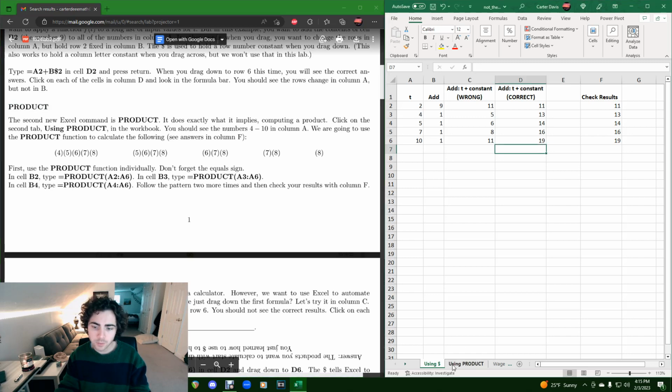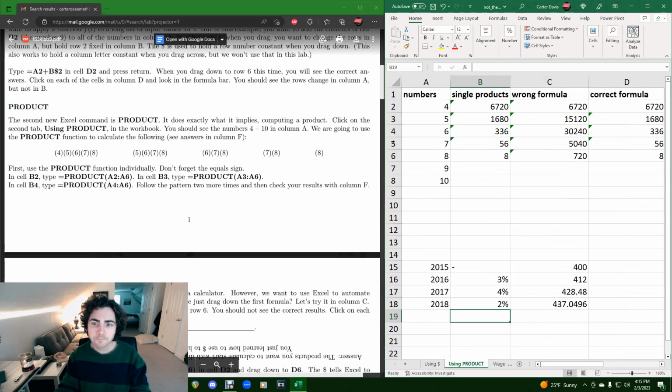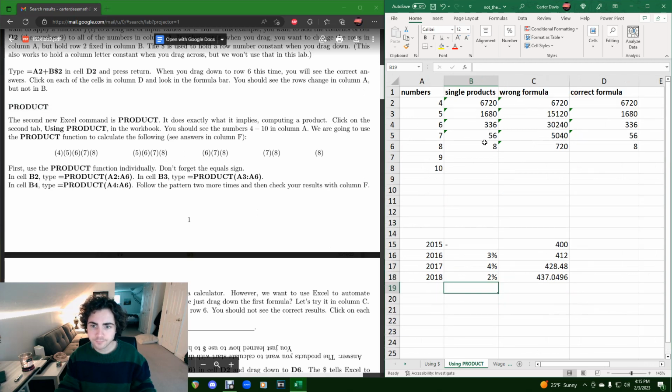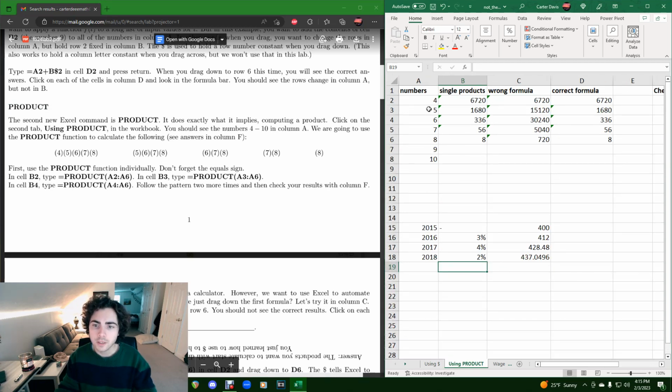So using product, looking up here, the goal with this product page is to find the product of 4 through 8, then the product of 5 through 8, then 6 through 8, 7 through 8, and 8 through 8.